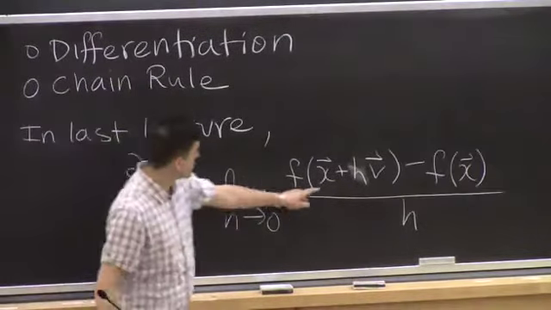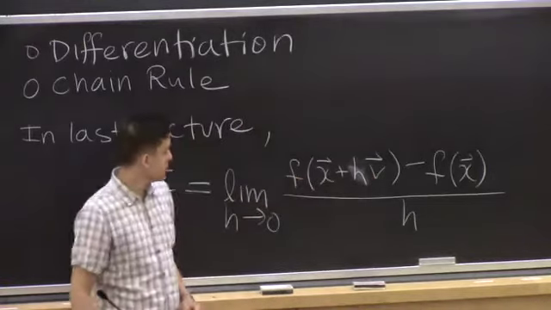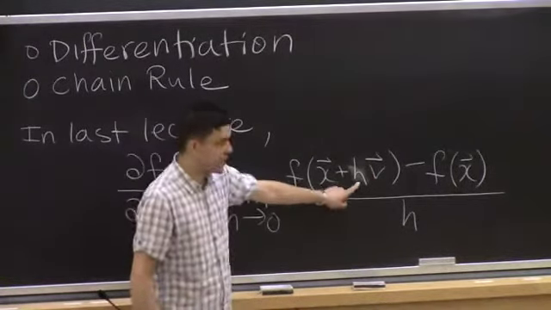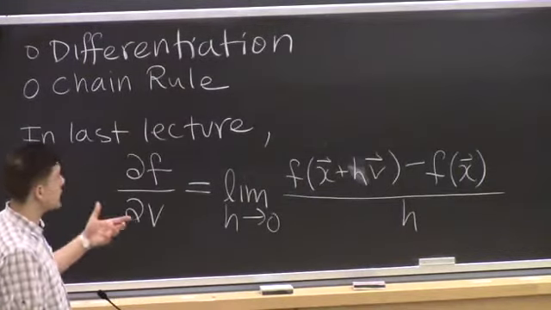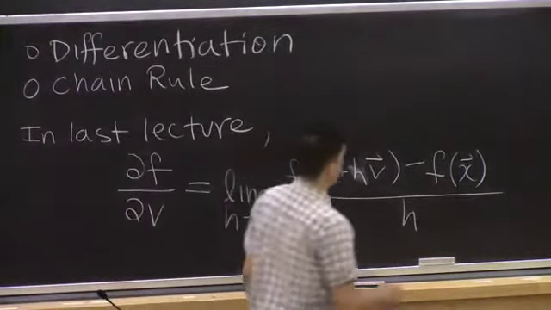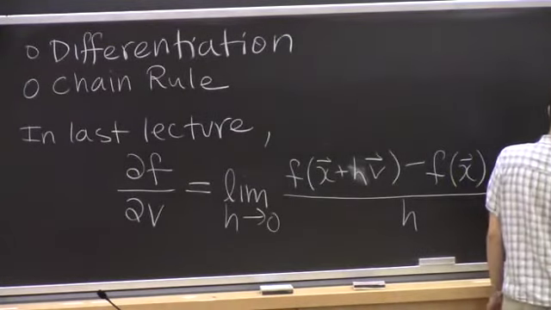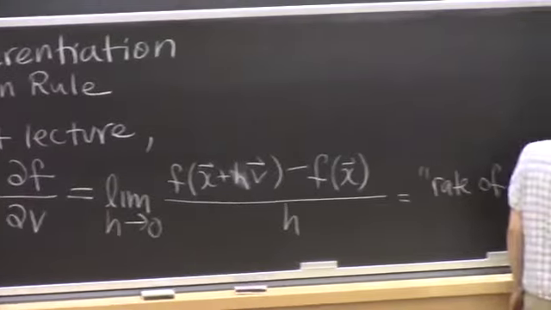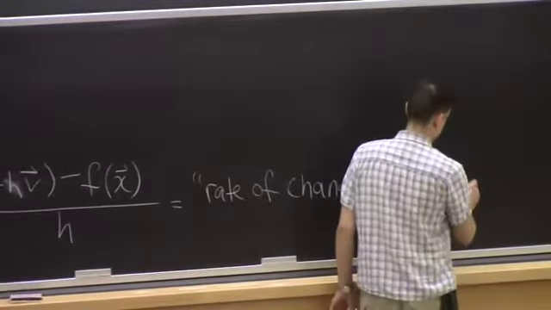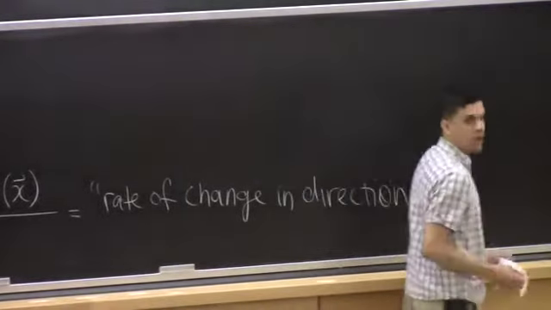So we change our input by adding something in the direction v, and then we take h to 0. Okay, so this measures the rate of change in direction v. Okay, so it can go in many different directions.